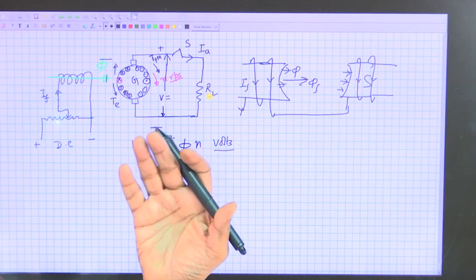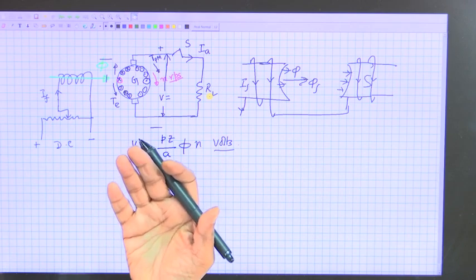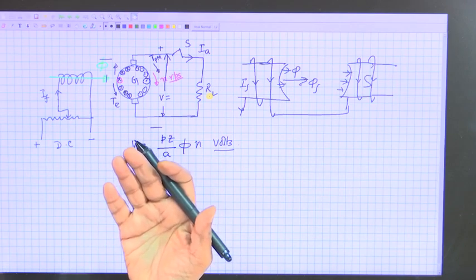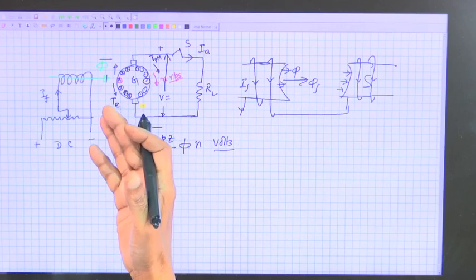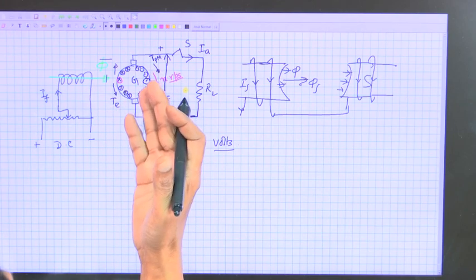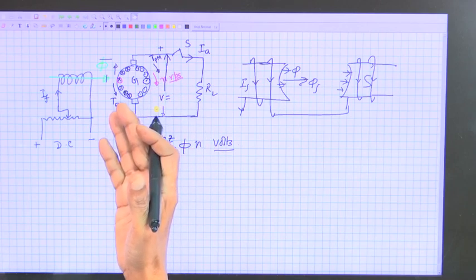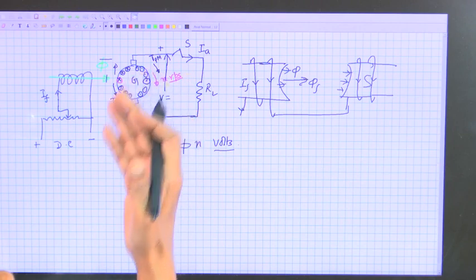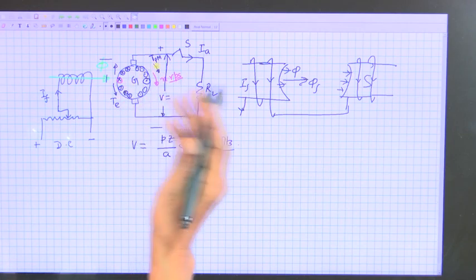That is why it is running at a constant speed, because if the prime mover torque wins over the electromagnetic torque, it will accelerate in this case. If the electromagnetic torque is greater than the prime mover torque, it will decelerate. So, it is a generator mode, it goes like that.